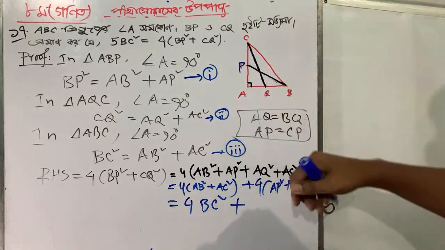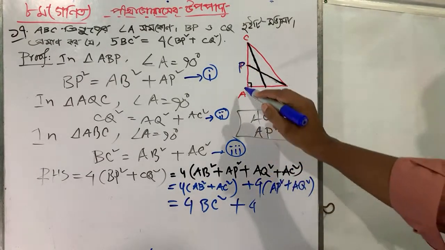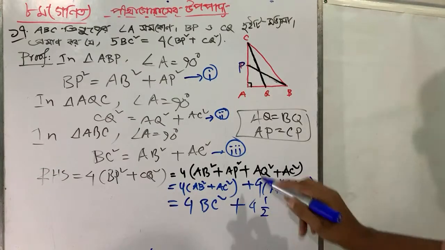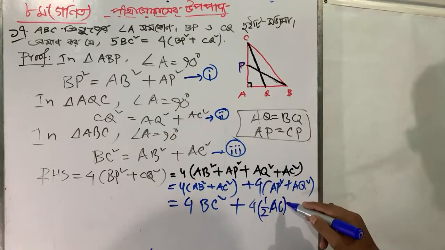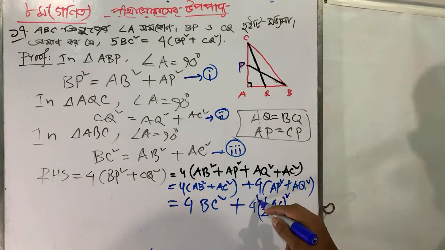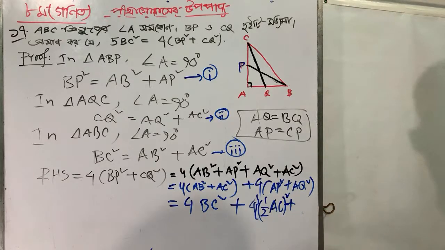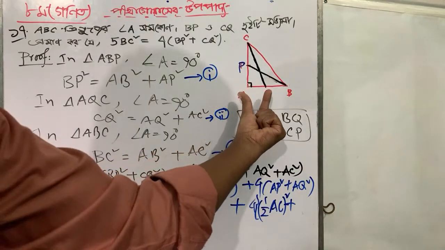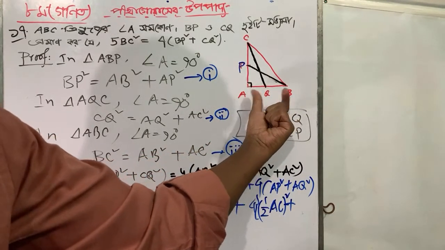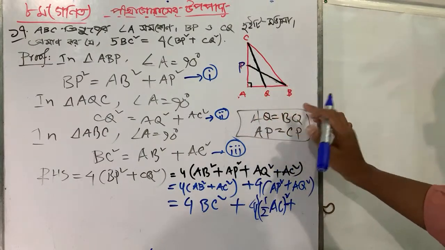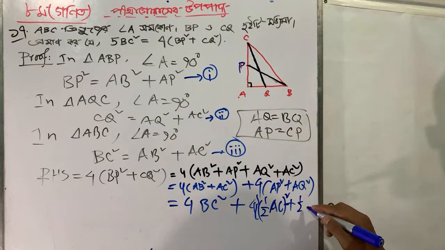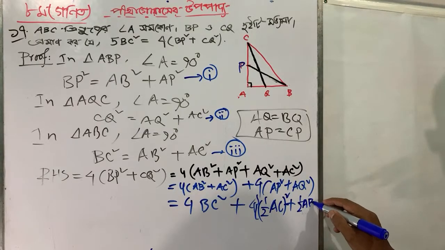So instead of AP, you can write half of AC, and there is this square here. I introduce a second bracket. And how about AQ? We can write AQ is equal to half of AB, because AQ and BQ both are equal. So we can write AQ to be half of AB.